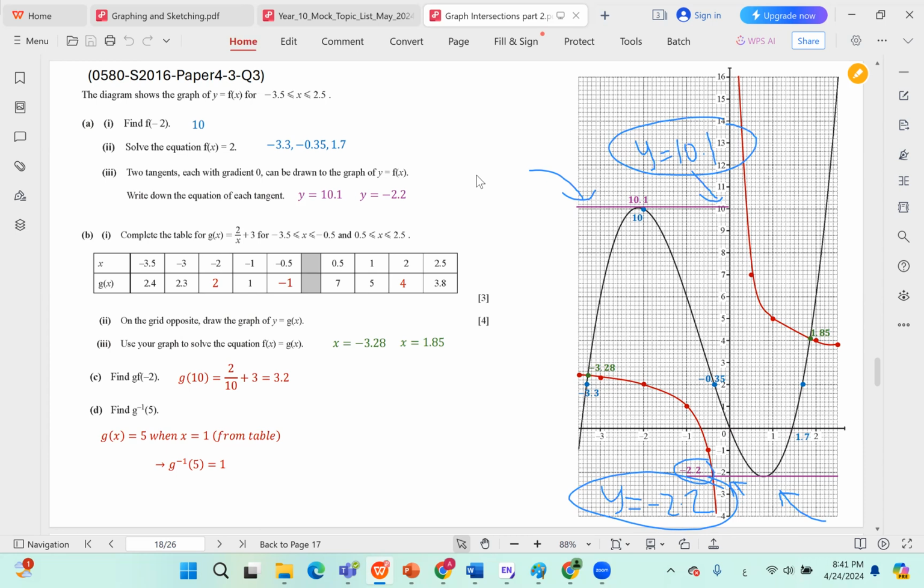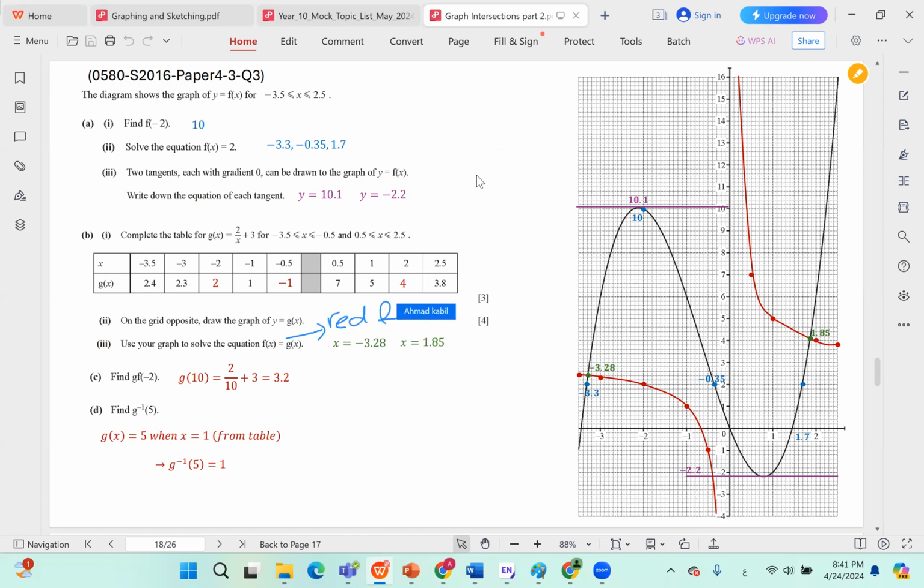For B, we are told complete the table for g of x equals 2 over x plus 3. Again, we just plug the x into the function to complete the table. And then we're required to draw the graph. And this is the graph drawn in red on the grid. Use your graph to solve f of x equals g of x. So f of x equals g of x basically means we are looking for the intersection between red and black.